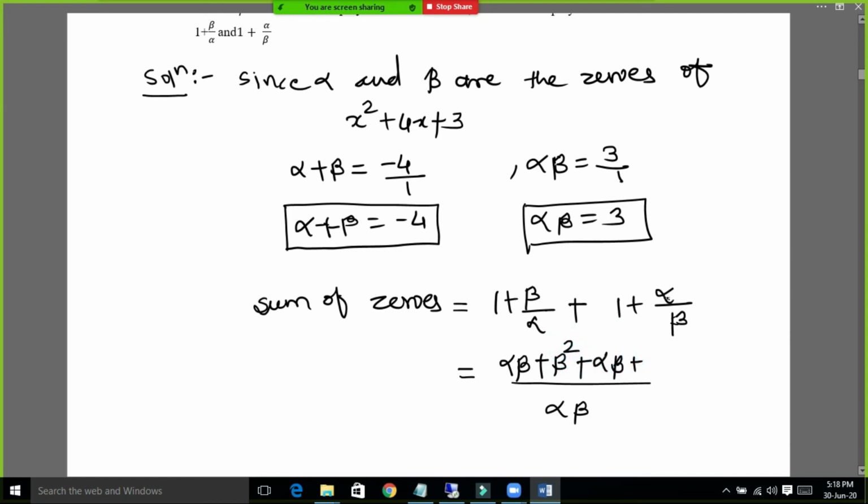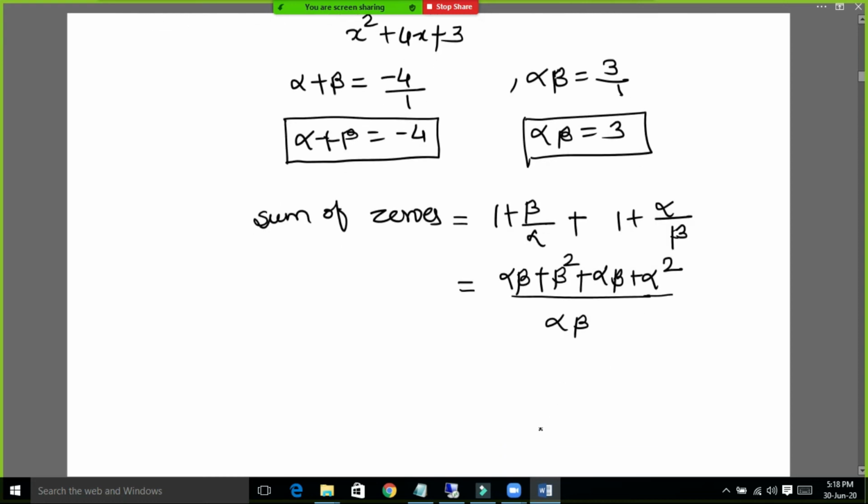Now this alpha is having denominator beta, so we have to multiply with alpha, so alpha into alpha is alpha square. Now add the like terms. So alpha square, first we write down, rearrange the term at the same time. Alpha beta plus alpha beta, that is 2 alpha beta, plus the third term is beta square upon alpha beta.